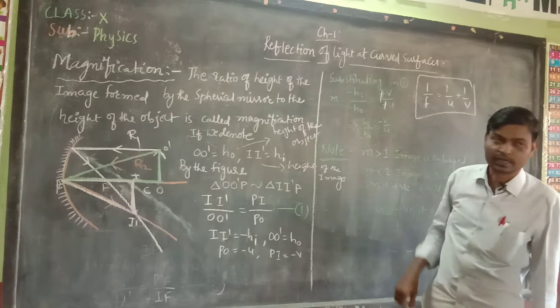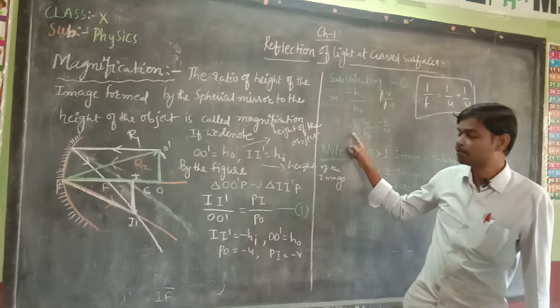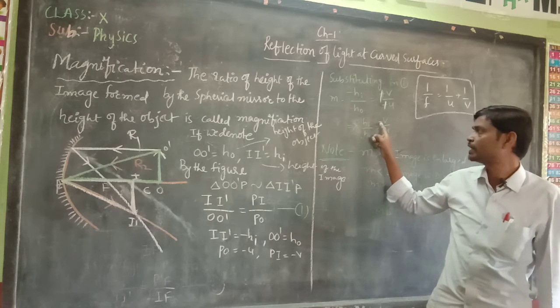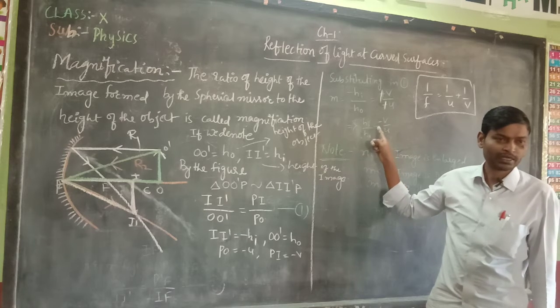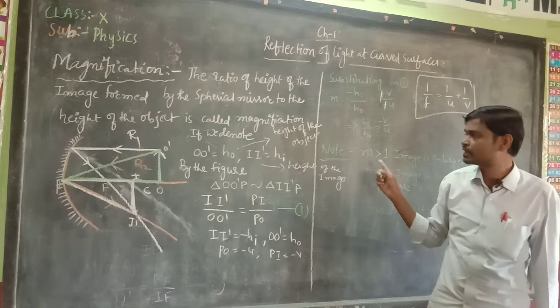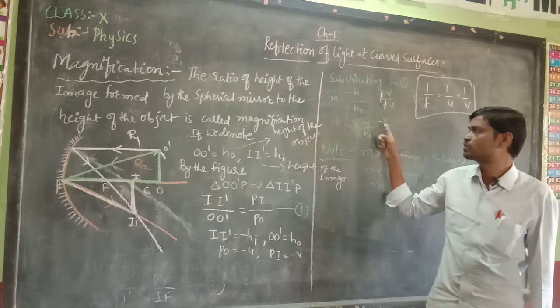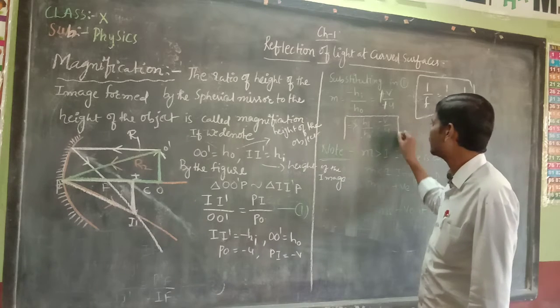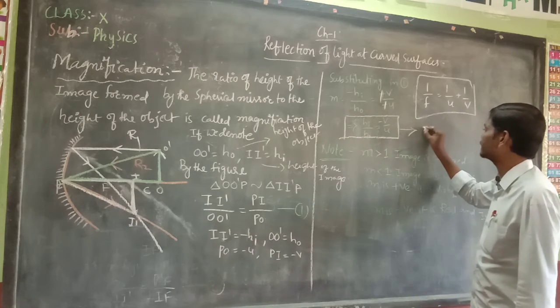Then that implies Hi by Ho is equal to minus V by U. So this is the formula for magnification.